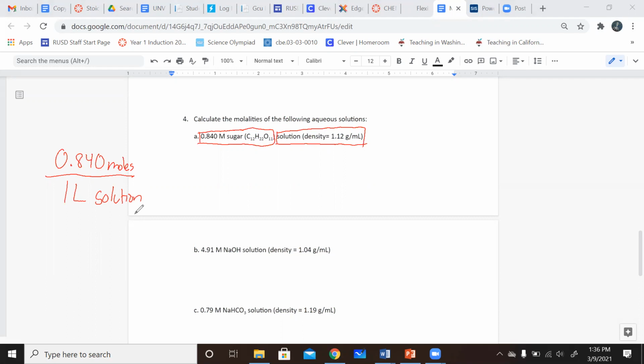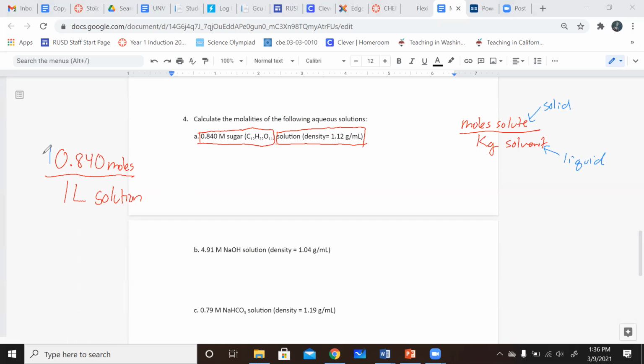Now, we want to have kilograms of solvent because molality, once again, is moles of solute over kilograms of solvent. So if you weren't sure, this is solid, that's the liquid. But what this is telling us, we know how many moles of solute.